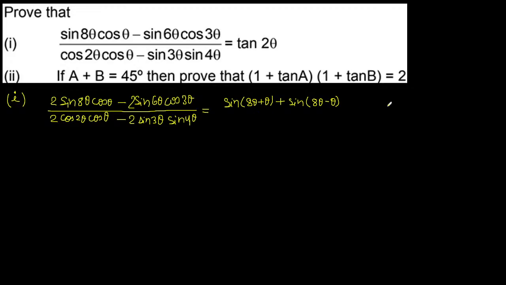Okay. So I think by that time we know the formula. Sin C sin D. Okay, it is simply sin 6 theta plus 3 theta plus sin 6 theta minus 3 theta.